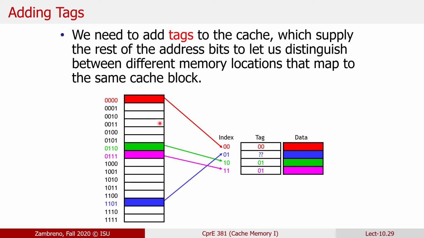So the idea of tagging our data in the cache, you can think of it as metadata. Metadata tends to have a connotation of something that provides additional meaning to the raw data that we have stored somewhere. And absolutely that's what these tags are doing here.